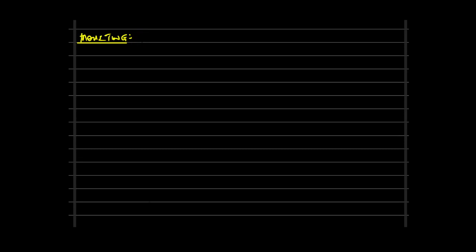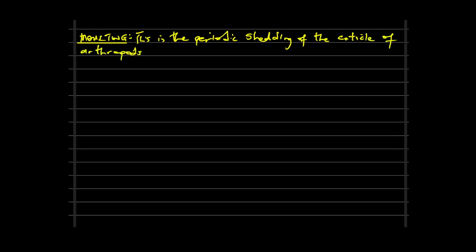So we say molting is the periodic shedding of the cortical of arthropods, which makes it possible for the organism to experience growth.